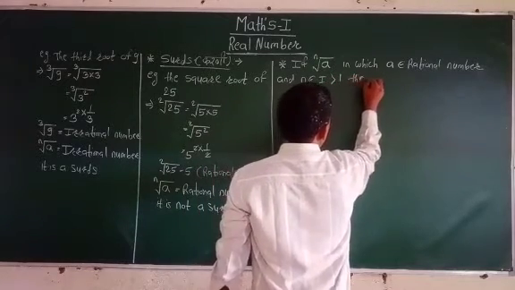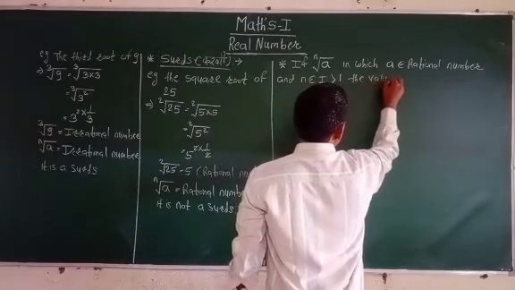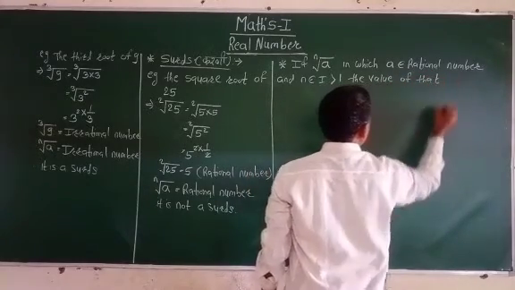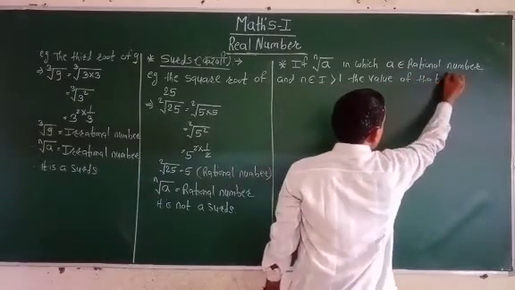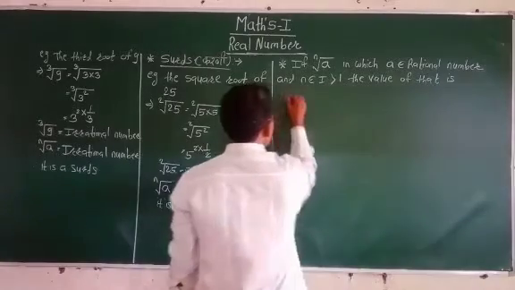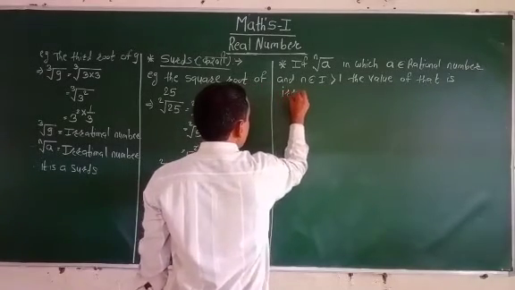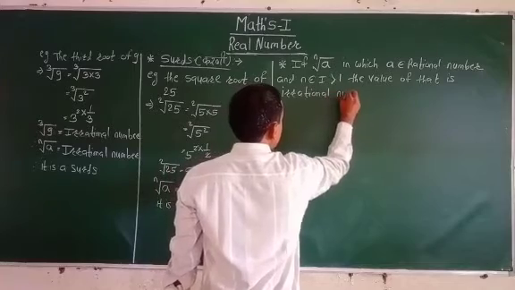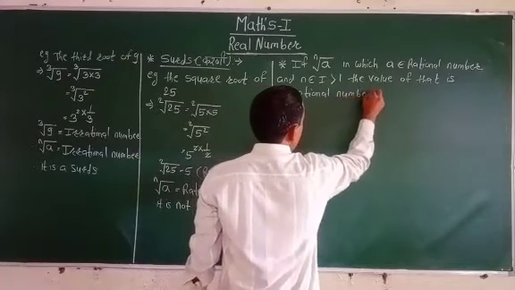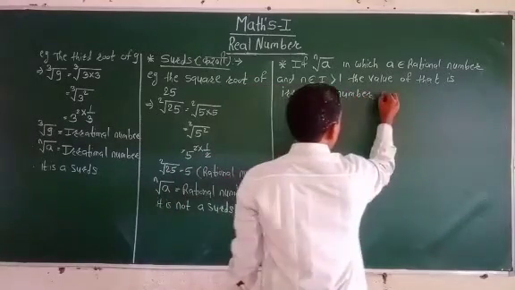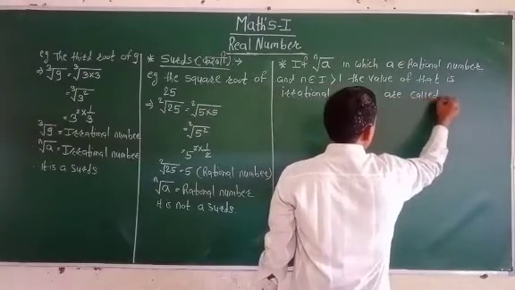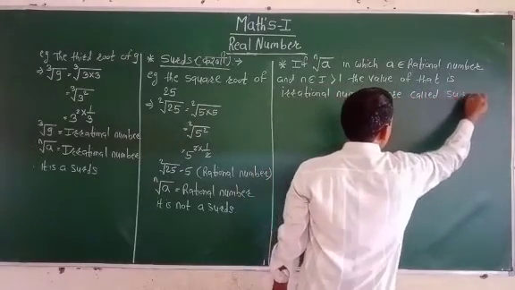If the value of that is an irrational number, the value of that irrational number is called surds.